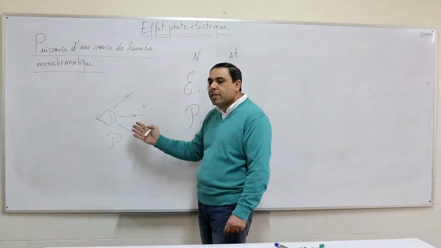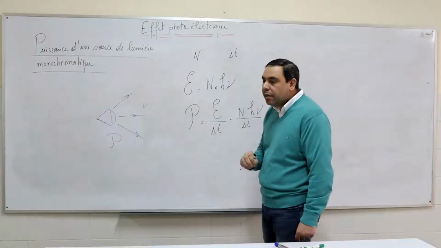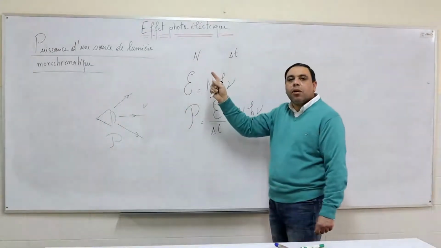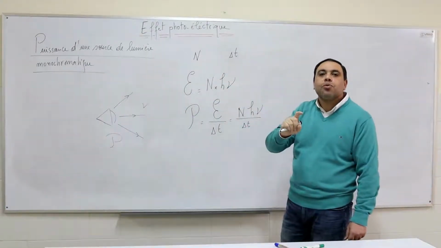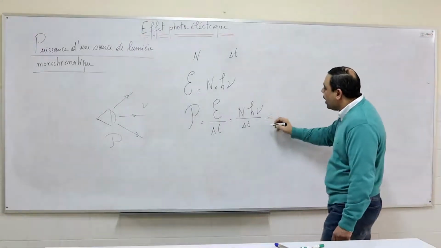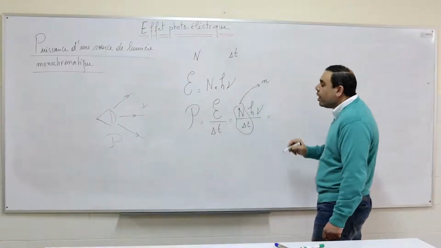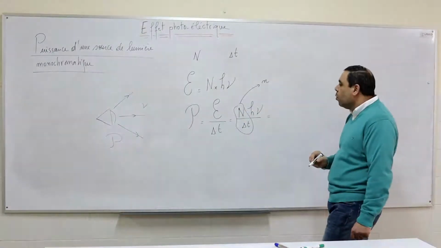Now, assume that the source emits an electromagnetic wave in a uniform manner. That is to say that during equal time intervals, the number of emitted photons doesn't change. So we can consider this ratio to be equal to the number of emitted photons per second multiplied by h nu.